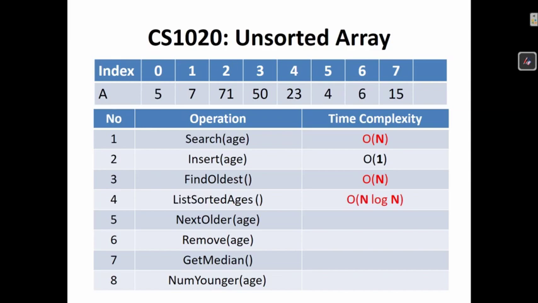Find an older age: find the next age older than this given age. How do I do that? Any ideas?